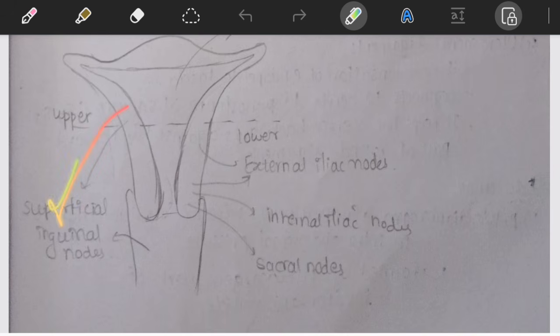The lower uterus and the cervix drain towards the pelvic lymph nodes, including external iliac, internal iliac, and sacral nodes. So your visual map should be: upper uterus, para-aortic; along round ligament, superficial inguinal lymph nodes; and lower uterus and cervix, pelvic lymph nodes. This becomes particularly important in the spread of uterine and cervical malignancies.